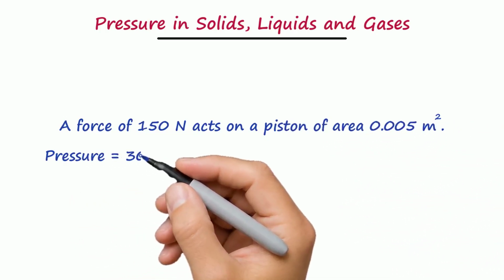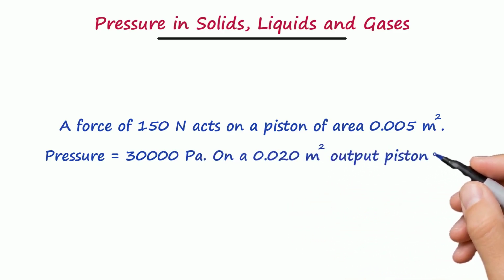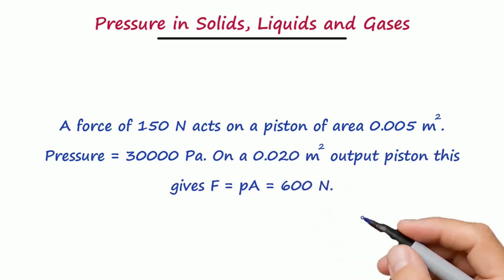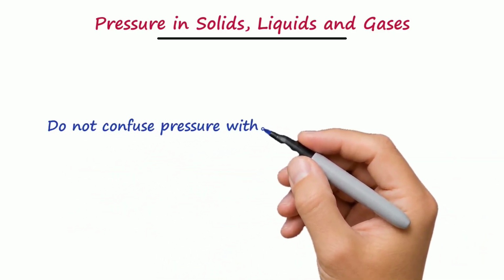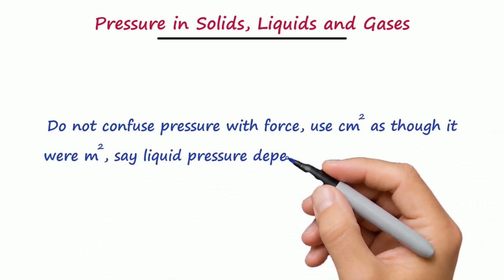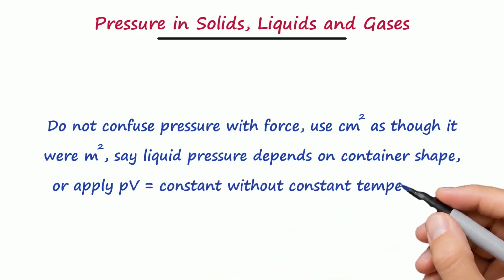Pressure equals 30,000 Pa. On a 0.020 m squared output piston, this gives F equals PA equals 600 N. Do not confuse pressure with force, use cm squared as though it were m squared, say liquid pressure depends on container shape, or apply PV equals constant without constant temperature.